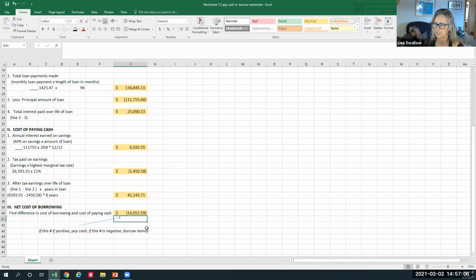And then I give you a little cheat sheet. If this is a positive number, pay cash. If this is a negative number, borrow the money. But this should be intuitive to you that she's giving up 41 grand in after-tax income, and it's only going to cost her 25,000 to borrow the money.